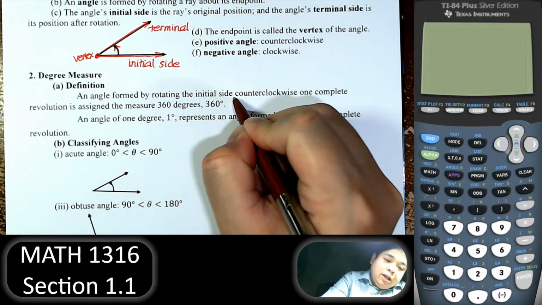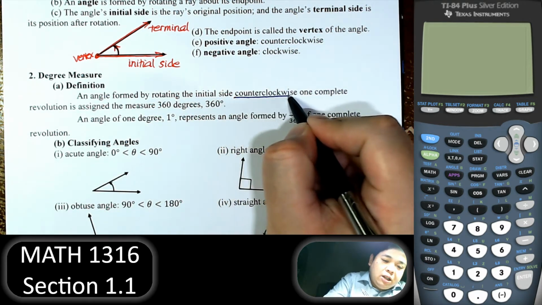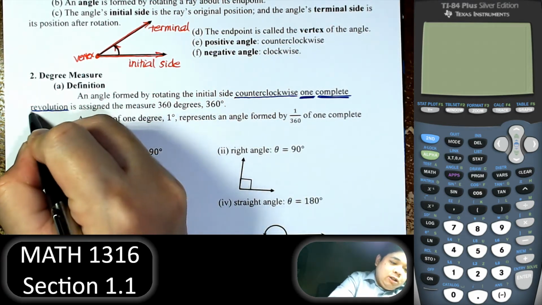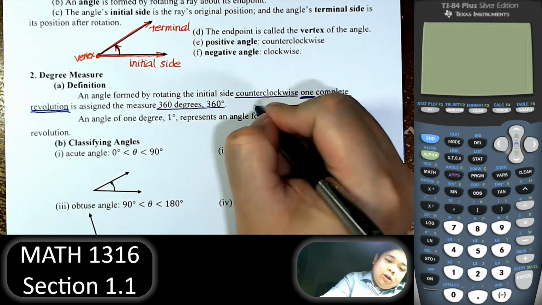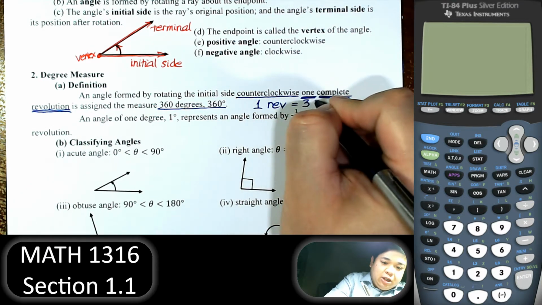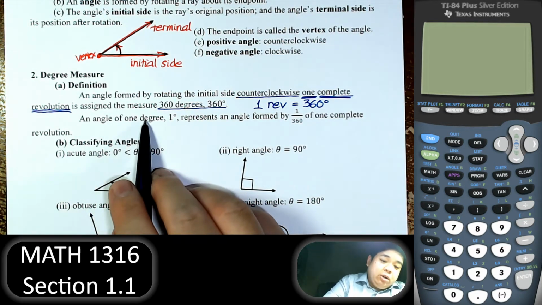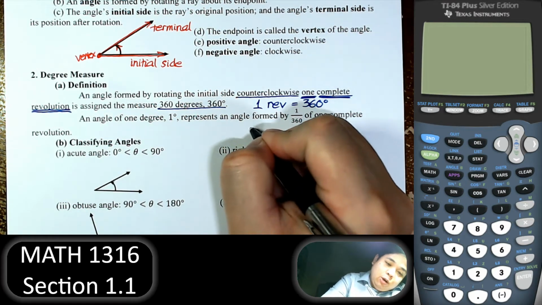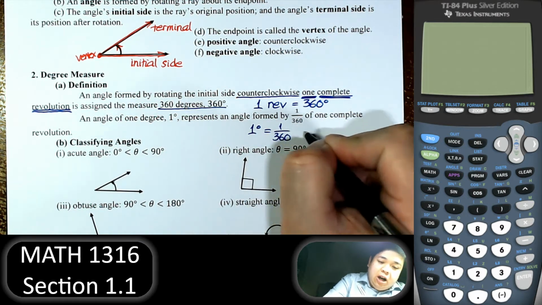So if it is counterclockwise, one complete revolution is equal to 360 degrees. And 1 degree is 1 over 360 of one complete revolution.